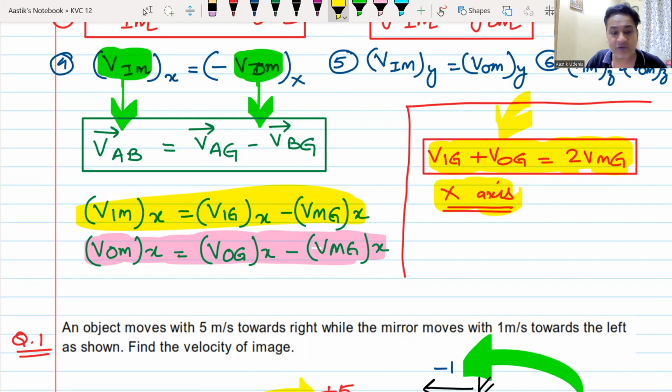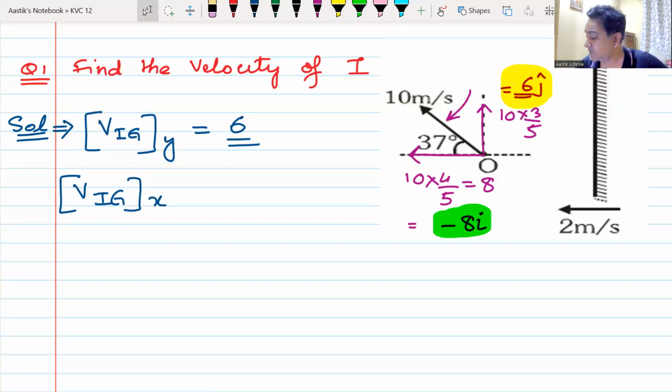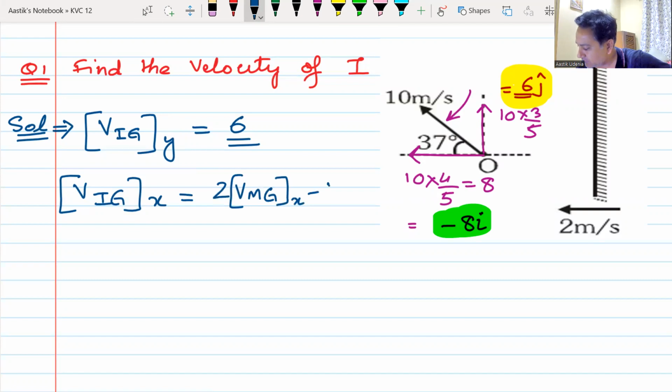And if I use this formula and put it here, what happens then, my dear friends? So I can write velocity of image with respect to ground, x component, will be 2 times velocity of mirror with respect to ground, x component, minus velocity of object with respect to ground, x component.